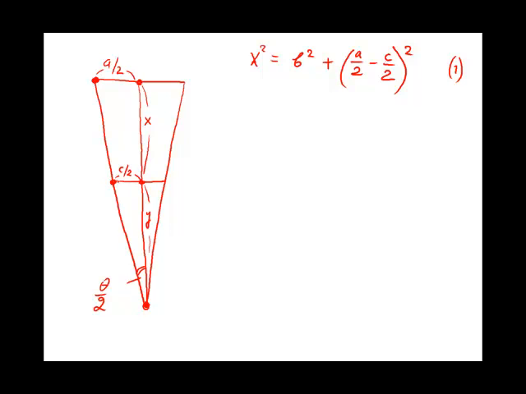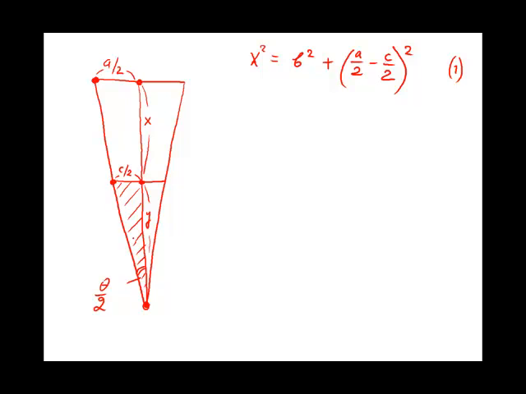I can even shade the small triangle, just for clarity. Okay, now what I want to do, I want to connect theta, c, a, x and y using these triangles.